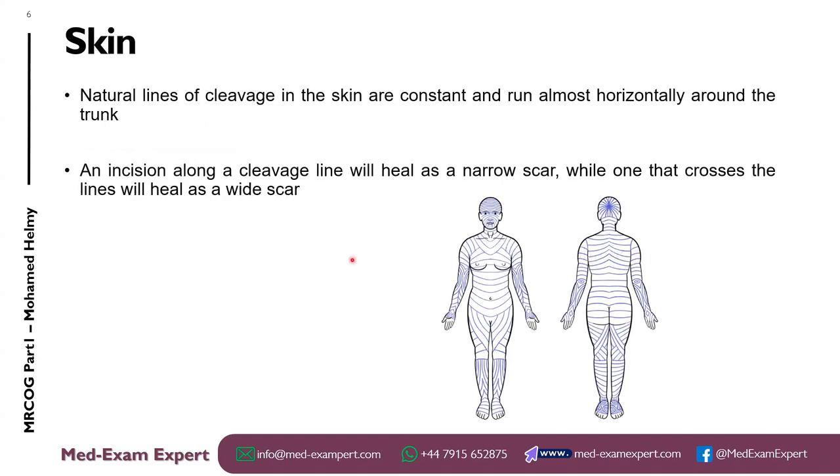Of course, the skin of our body has natural lines of cleavage. In the anterior abdominal wall, as we see in the figure, these skin lines run horizontally around the trunk. So when we do incisions in a transverse way, it gives better healing and a narrower scar, a better cosmetic scar, rather than midline scars, because the horizontal one runs with the cleavage line.